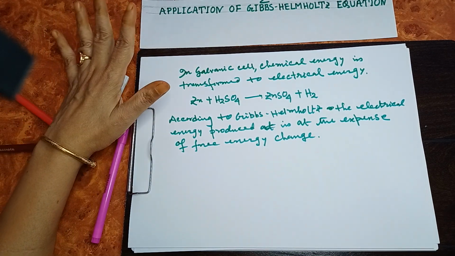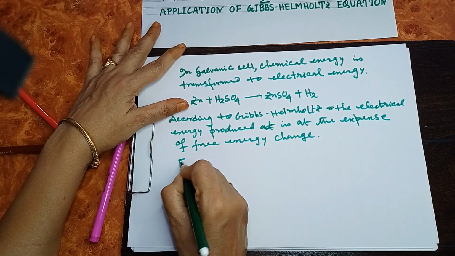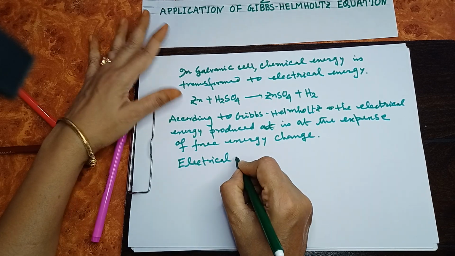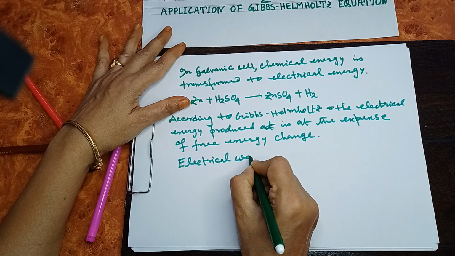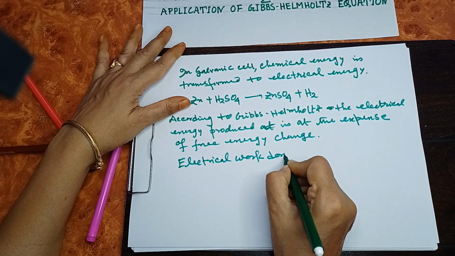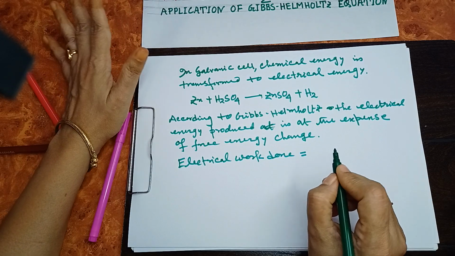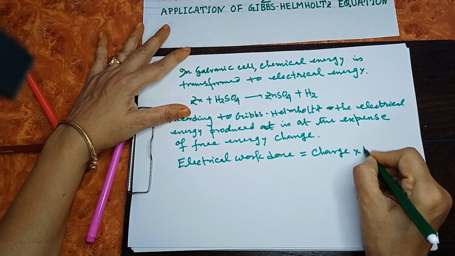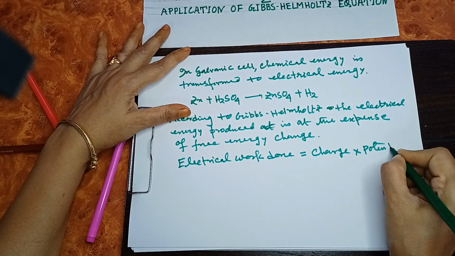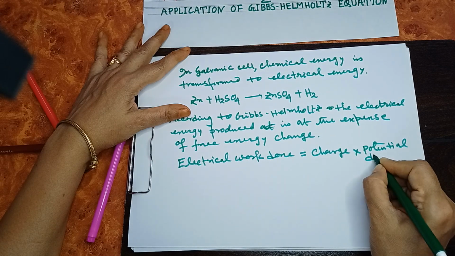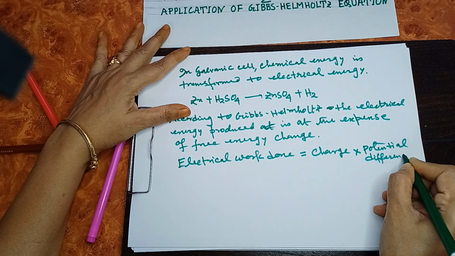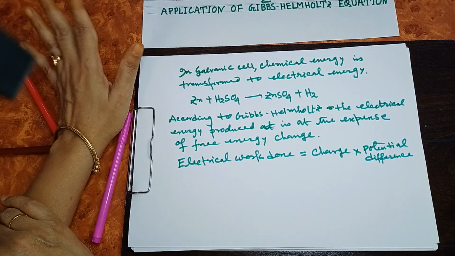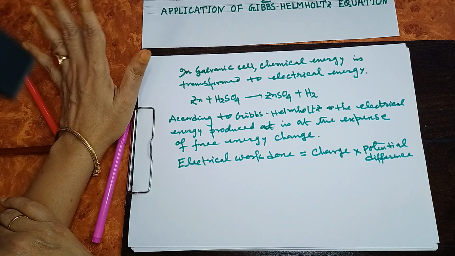Now, this electrical work done, or electrical energy produced, in the galvanic cell is equal to charge into potential difference. Potential difference means the potential difference of the two electrodes in a galvanic cell, which is known as the EMF or electromotive force.